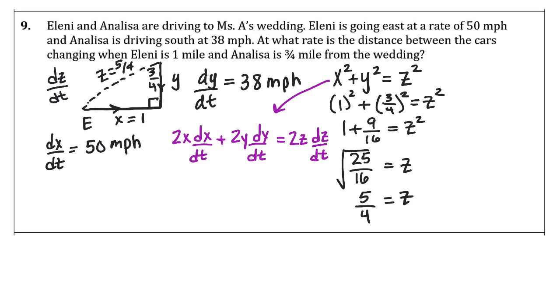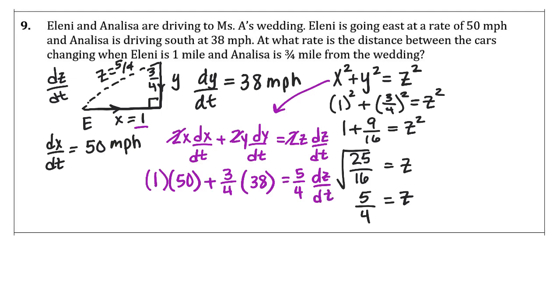We can drop a 2 from all of those since it's in every term. We know the side length x is 1, the rate of change is 50, plus the side length y is 3/4, and the rate of change is 38. Then we know side z is 5 over 4, but we don't know the rate of change. That's what we're looking for.